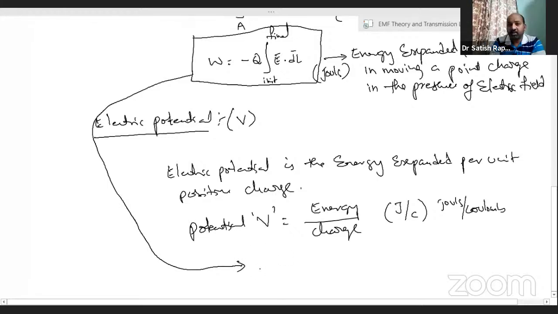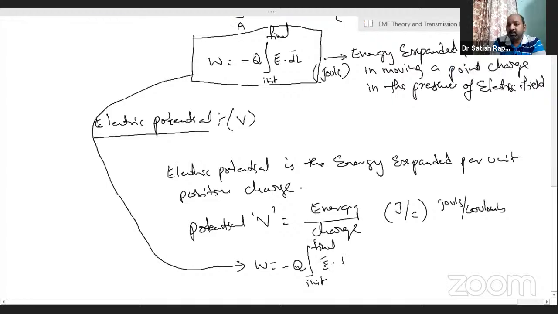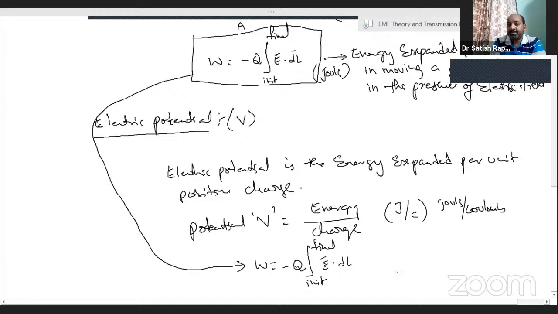I will take this equation here. W is equal to minus Q integral initial value to final value E bar dot dl bar.